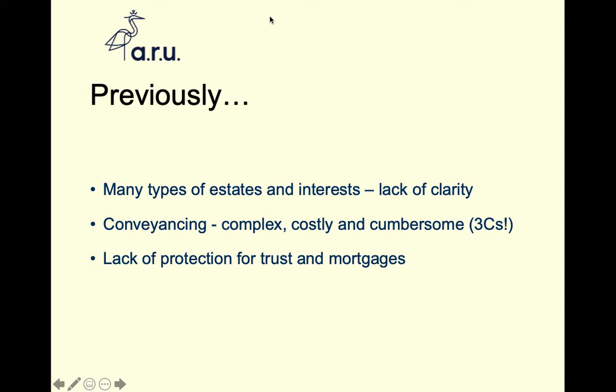So while I've put trusts there first, actually the idea in most situations behind the gamut of legislation that comes in 1925 is very heavily focused towards property as an asset and protecting that asset, and definitely protecting that asset where one of the parties involved is a bank.